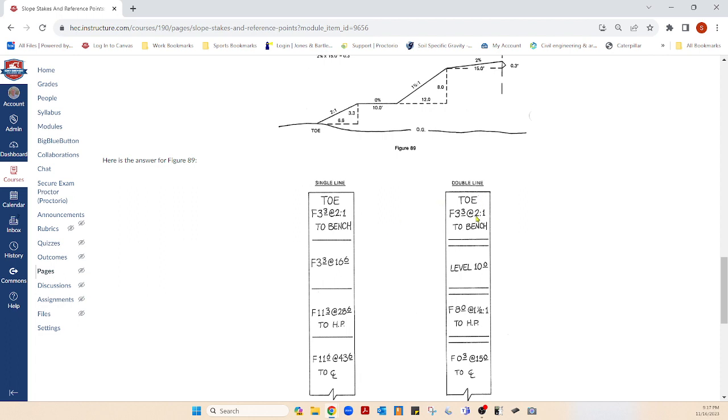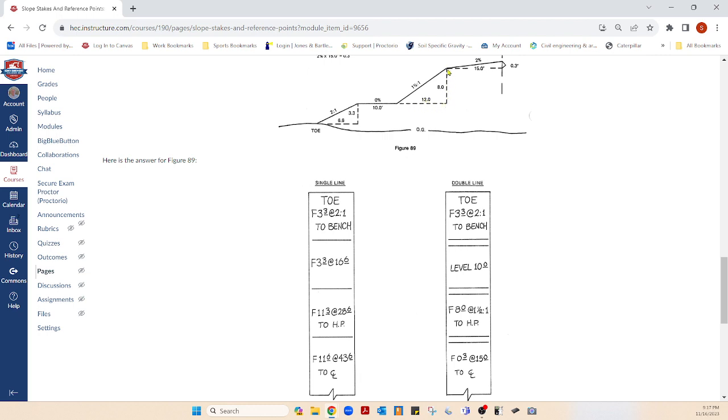Let's see how much easier it is to do the double lines. So the same thing happens here to the bench. And then after we get to the bench, it's level, as it says, for 10 feet. And then from here, we want to fill 8 feet at 1.5 to 1. So that makes it 12 foot horizontal.